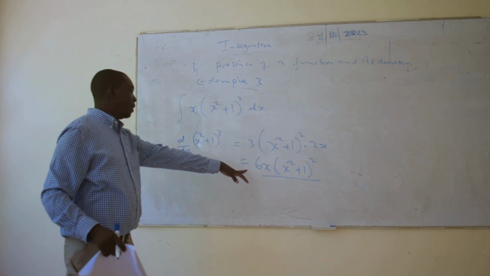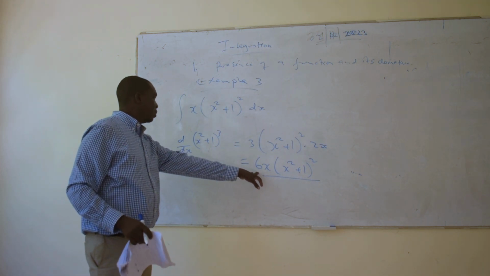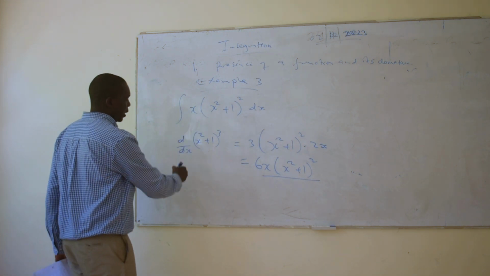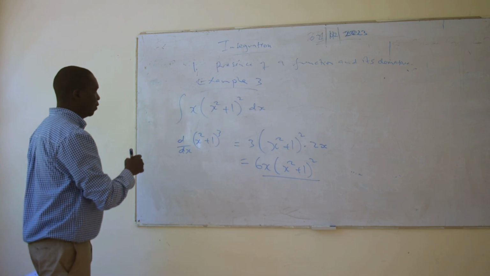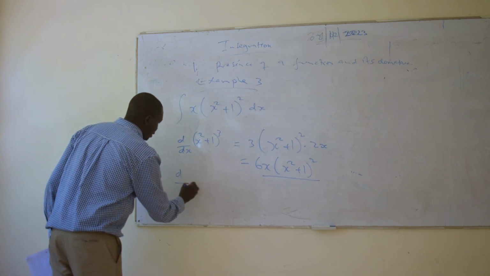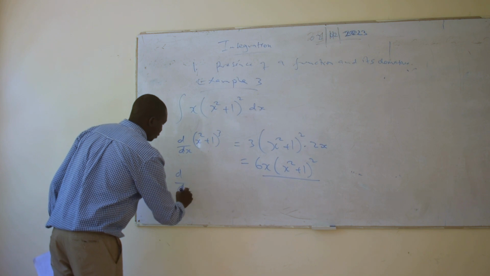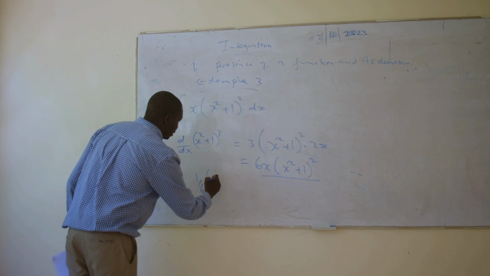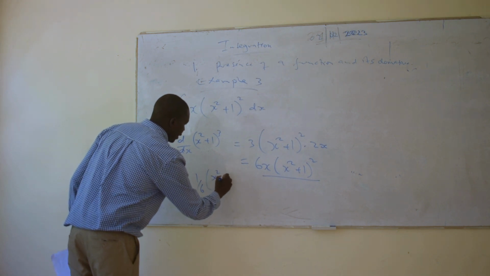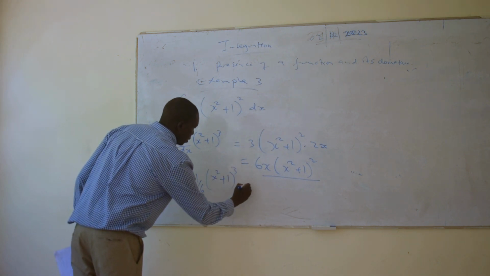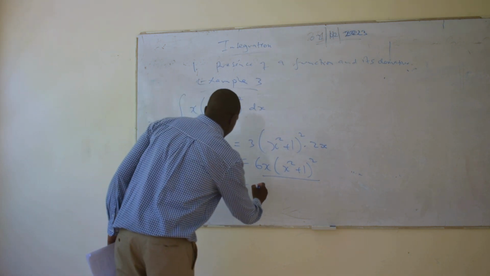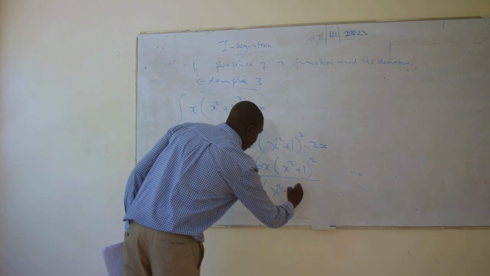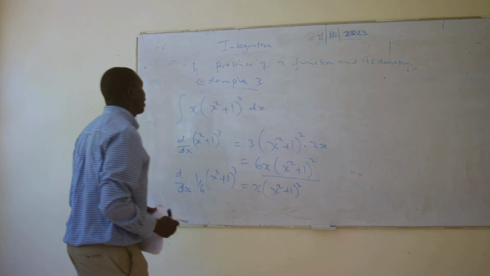The only difference is the term 6, and therefore it means the exact antiderivative of the integrand is d/dx of 1/6 (x squared plus 1) raised to the power 3, which will give us x (x squared plus 1) raised to the power 2.